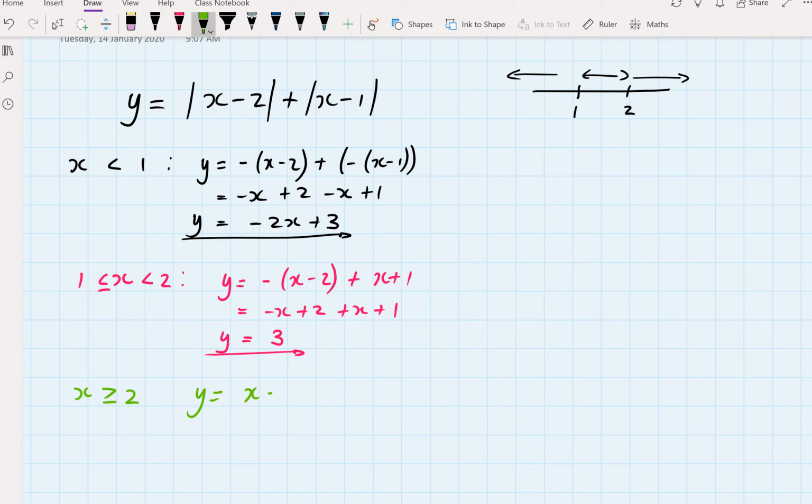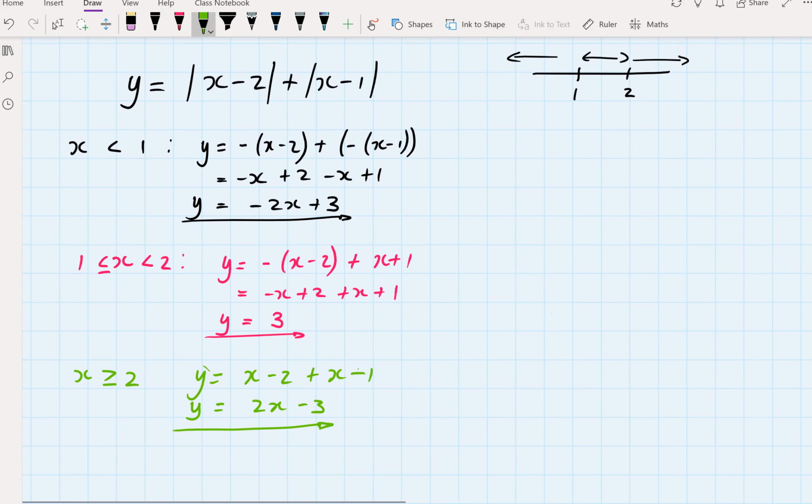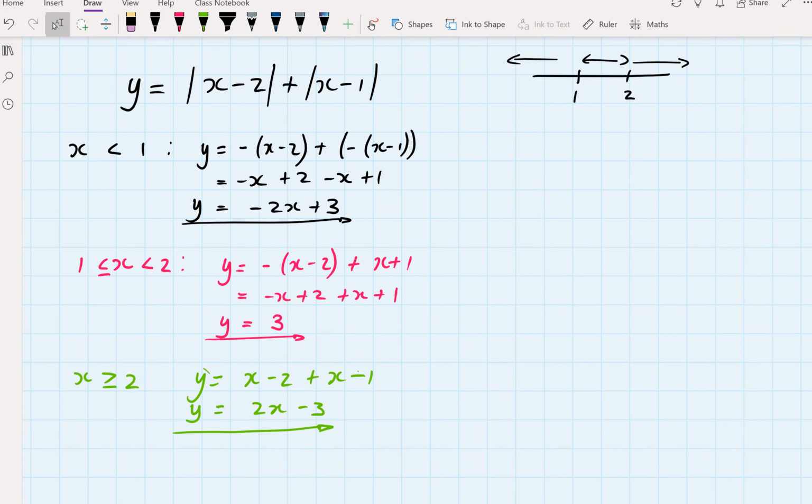So I can just keep these as they are. I don't have to multiply by a negative. And now when I tidy all of that up, I'm going to get 2x minus 3. And so here I've got three different graphs that I'm going to have to plot.